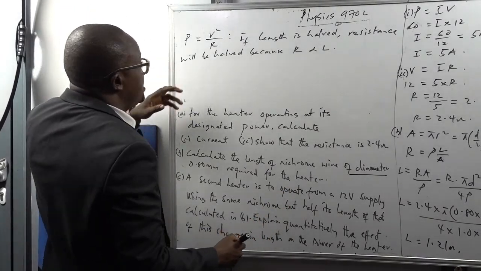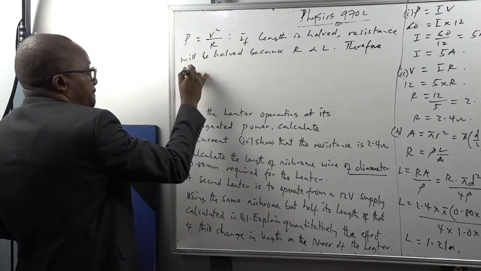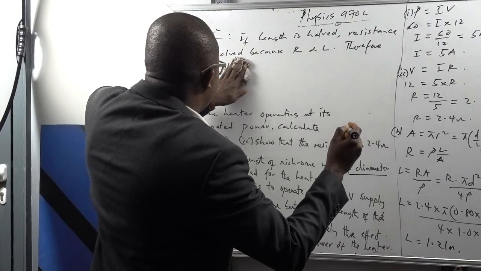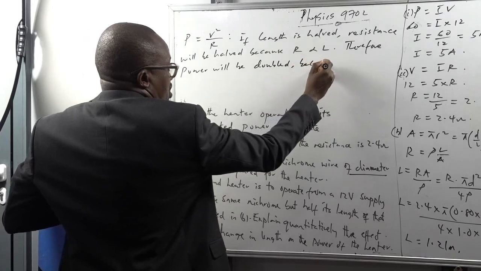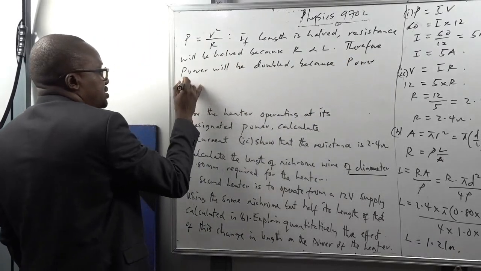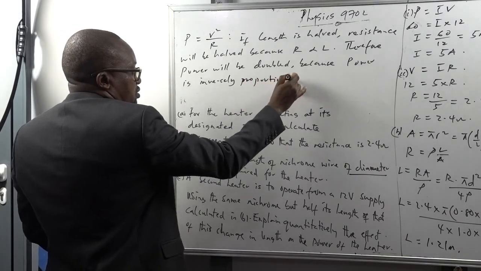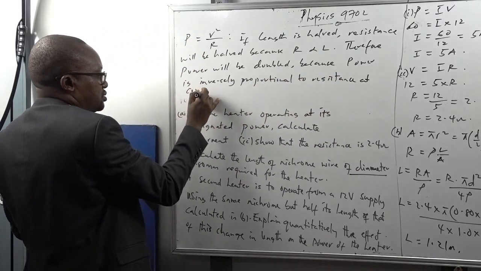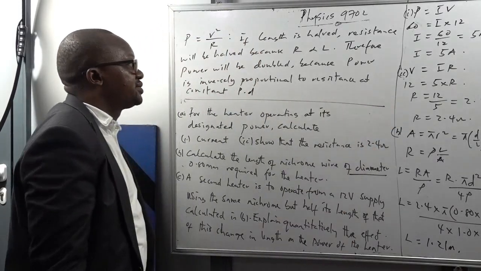Therefore, power will be doubled, because power is inversely proportional to resistance at constant voltage, or at constant PD, which is the answer there.